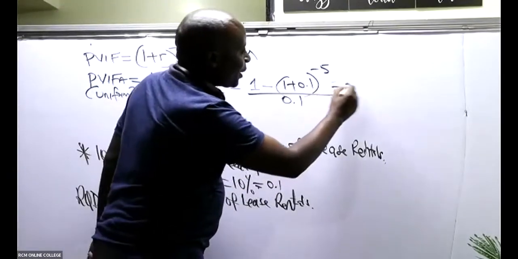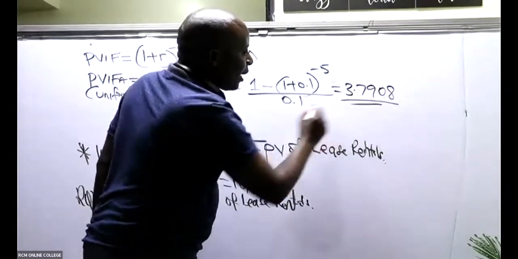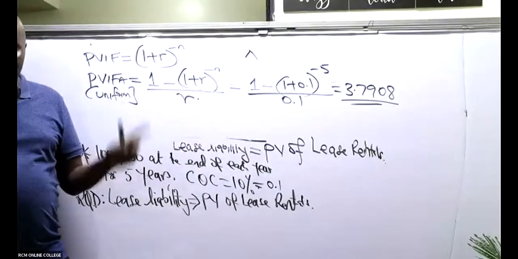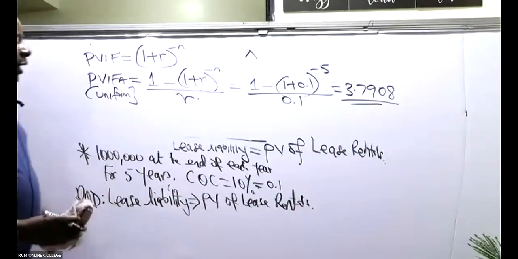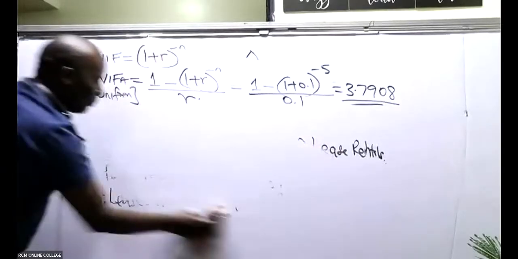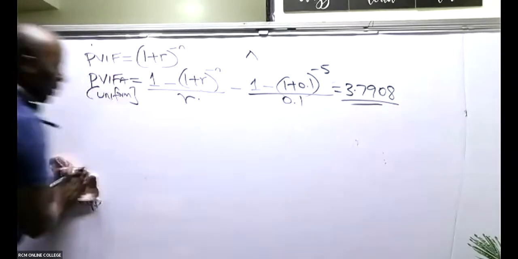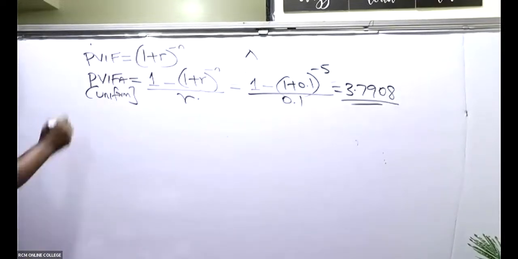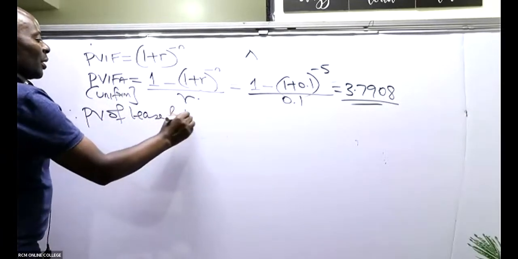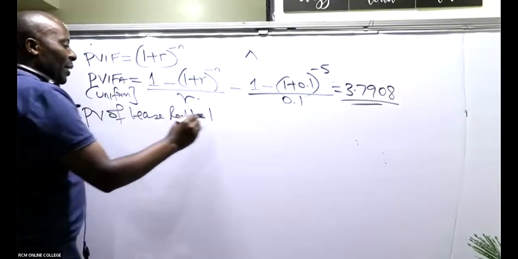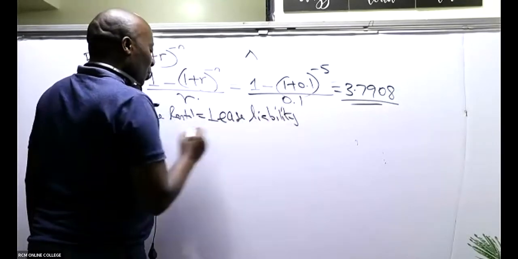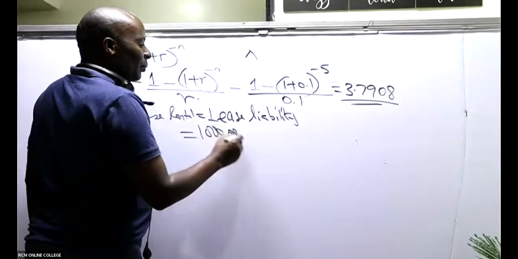So this is 3.7908. You must be very careful. All of us must use our calculators and ensure that we are able to get these figures. And therefore, the present value of our lease rental, which in this case is our lease liability, will be equal to the annuity of $1 million times PVFA.